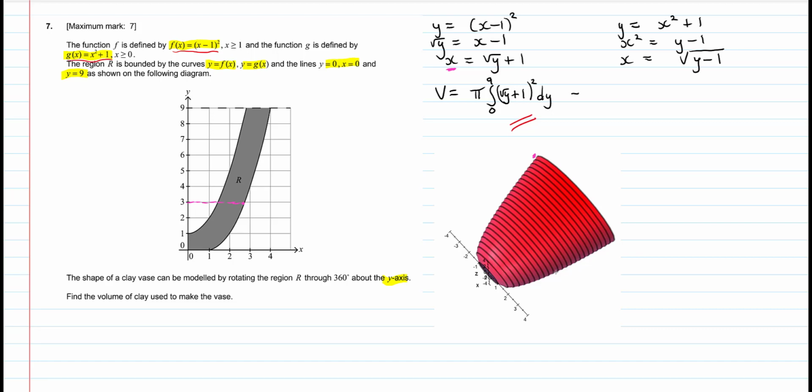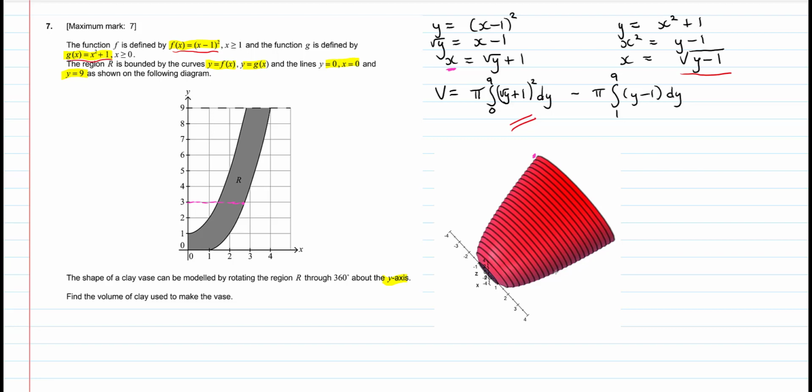Okay, so carrying on then, we're going to then subtract the volume of our smaller shape. So that was our inner function, so that's g of x, so that is going to be pi times the integral, and this one is going from y equals 1 to y equals 9, and it's going to be this here, all squared, so it's square root of y minus 1, all squared is just y minus 1, so we'll have y minus 1 dy.